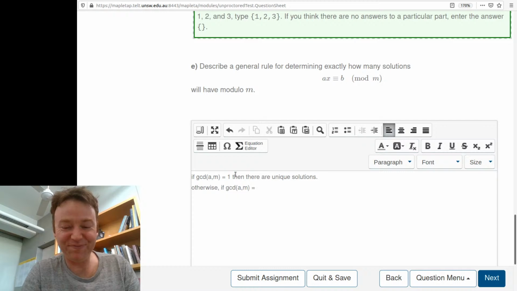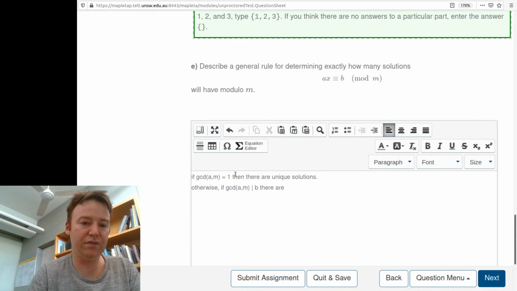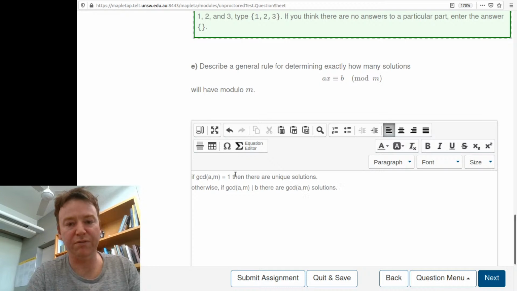Otherwise, if that's D, if D divides B, there are GCD of A and M solutions, whatever the GCD was.